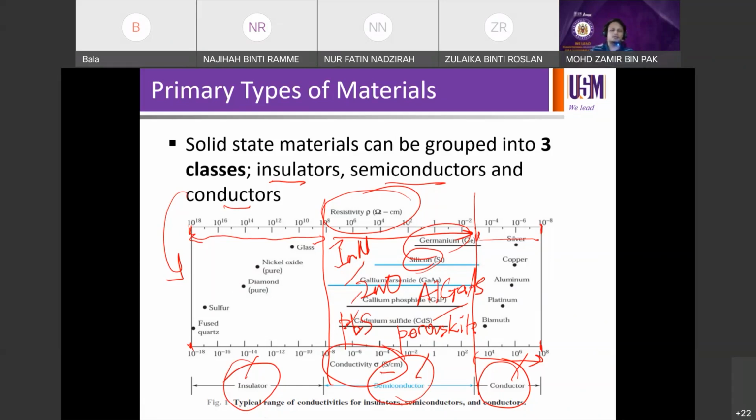So there are a lot of different materials depending on what you are looking for. You can go for elementary, binary, ternary, or quaternary. You can go with different combinations, right? So it's good. In essence, the resistivity and the conductivity of the semiconductor stays in between insulators and conductors.